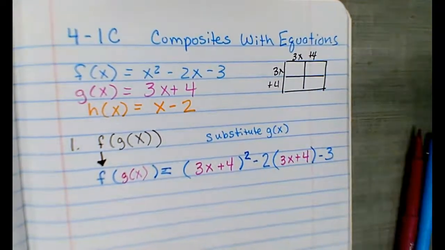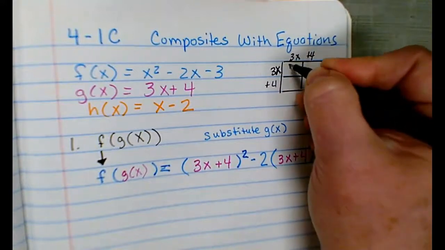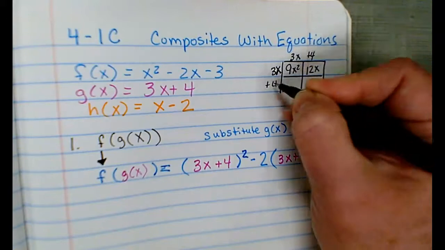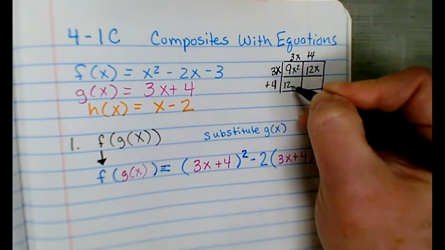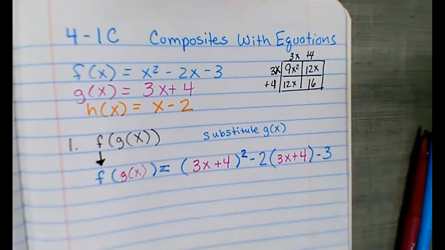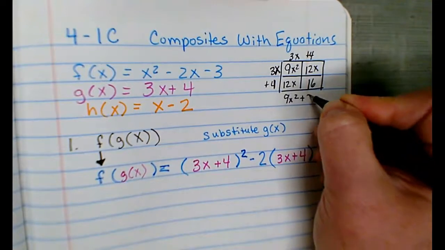That's what squared means. You multiply it by itself. And that would be 9x squared. 3 times 4 would be 12x. And a 12x and a 16. And then you would combine the 12 plus another 12.